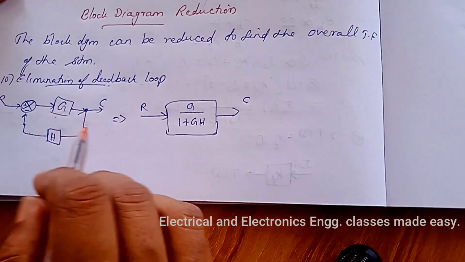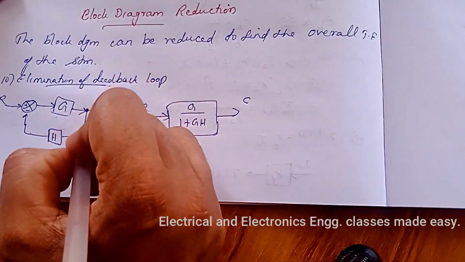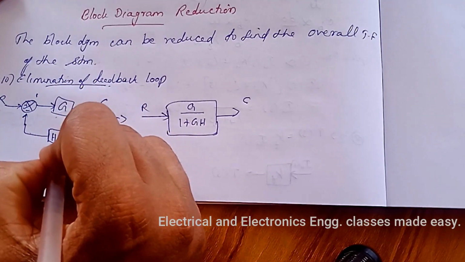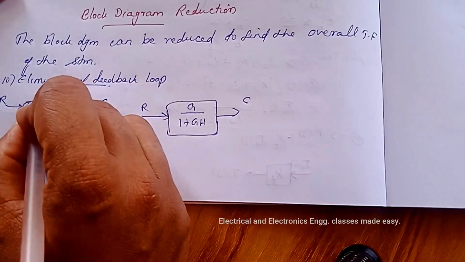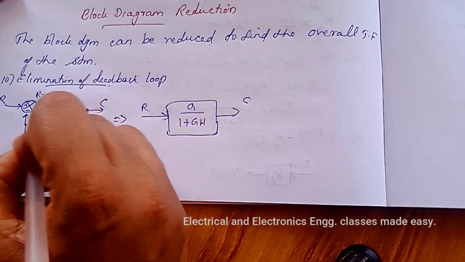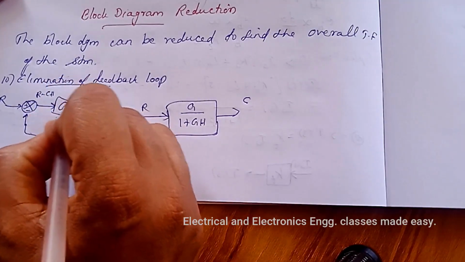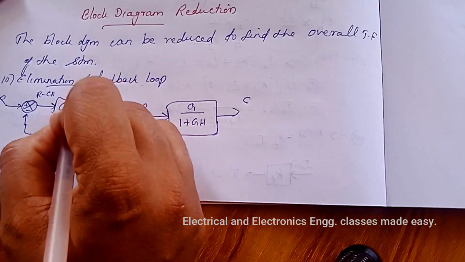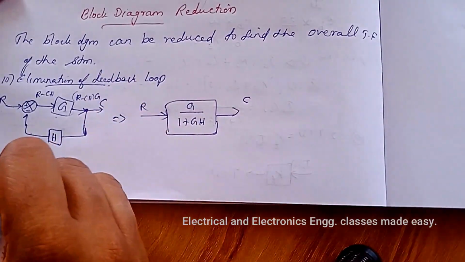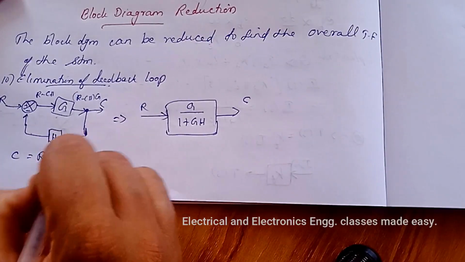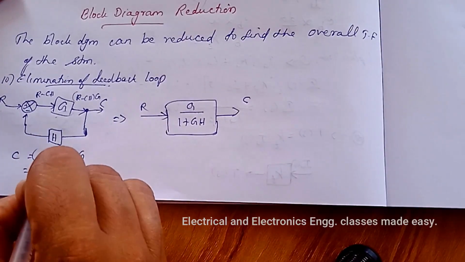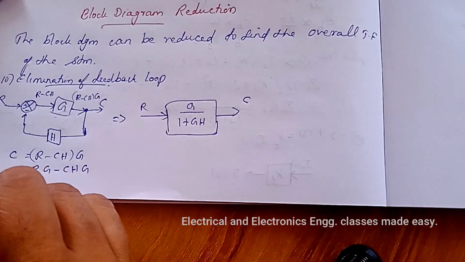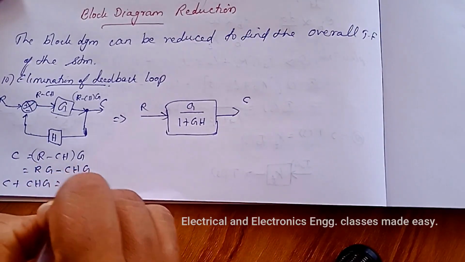And how is this possible? This is C, and here we get R minus CH, then the output of this block will be R minus CH into G. So we can write C equal to R minus CH into G, that is RG minus CHG, or we can write C plus CHG equal to RG.